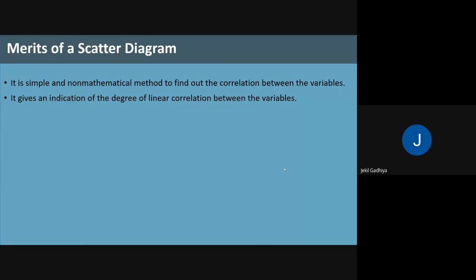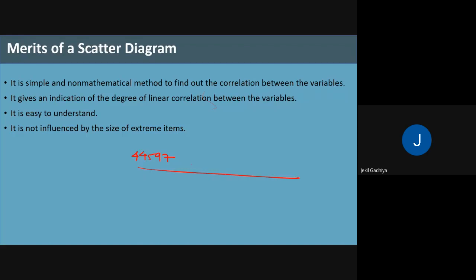Okay. Next, it is easy to understand and it is not influenced by the size of extreme items. What does it mean, not influenced by the size of extreme items? Suppose you want to calculate the correlation between data like 4,000, sorry, 44,597, and suppose this is a price, and this is any value related to price.